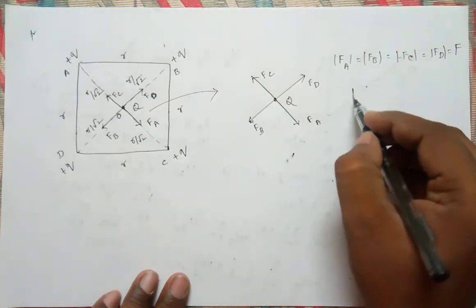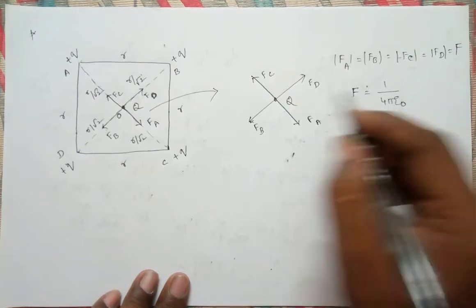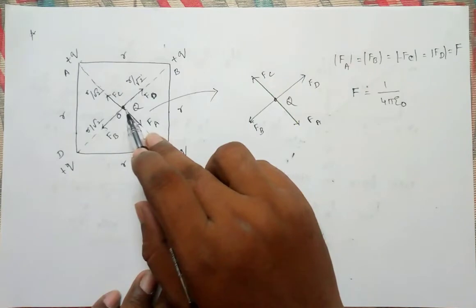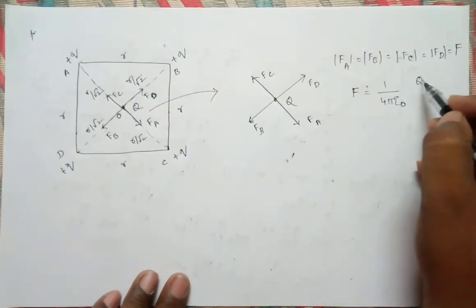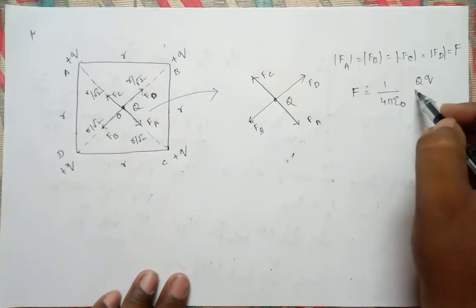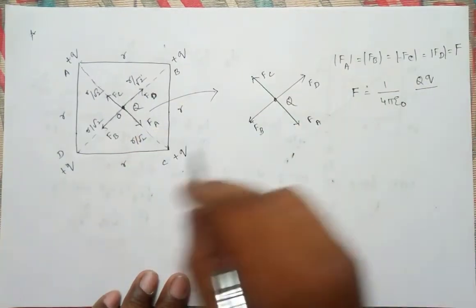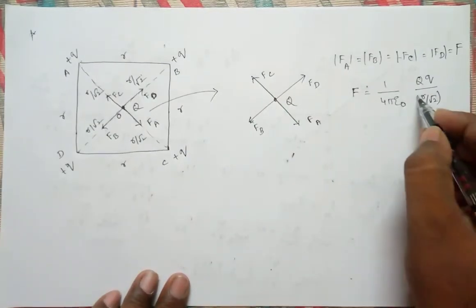Then force F is equal to 1 upon 4 pi epsilon naught into the product of charges, capital Q and small q, by the distance between the charges, r by root 2, whole square.